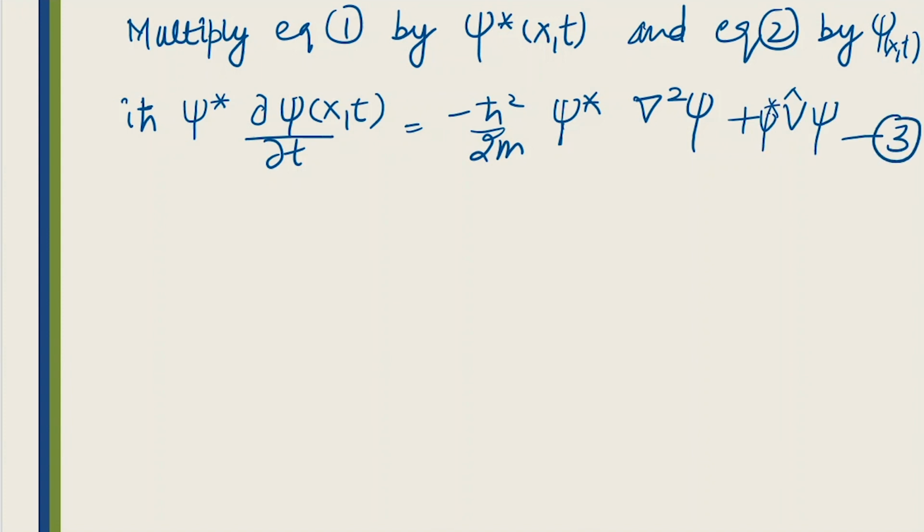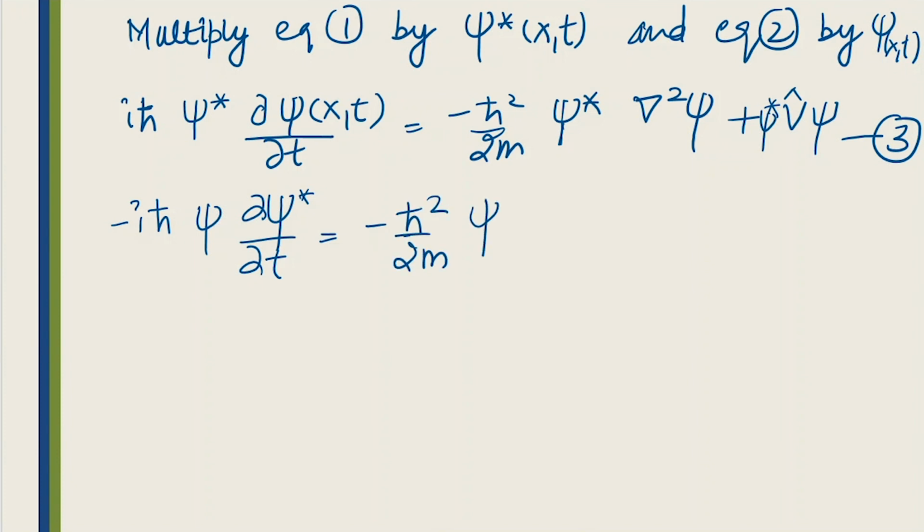This is our equation number 3. Similarly for the second, we get minus iota h cross psi del psi star by del t equal to minus h cross squared by 2m psi del square psi star plus psi V psi star. This is our equation number 4.